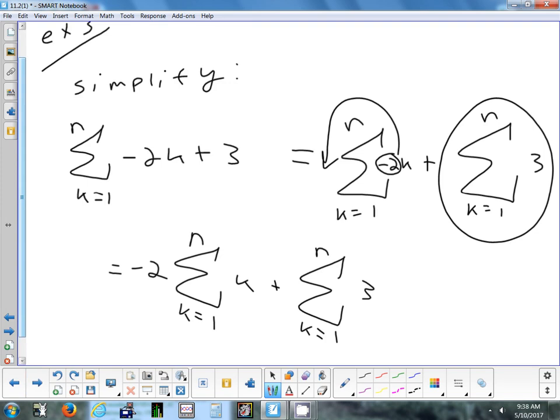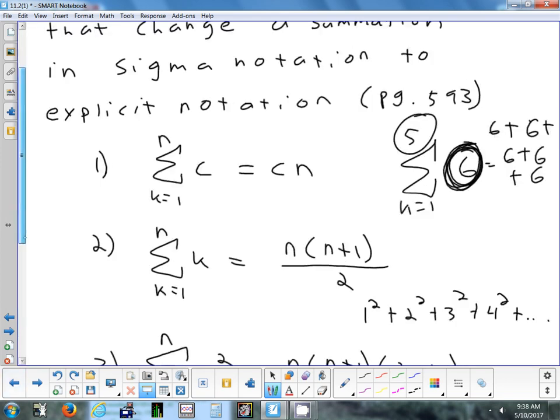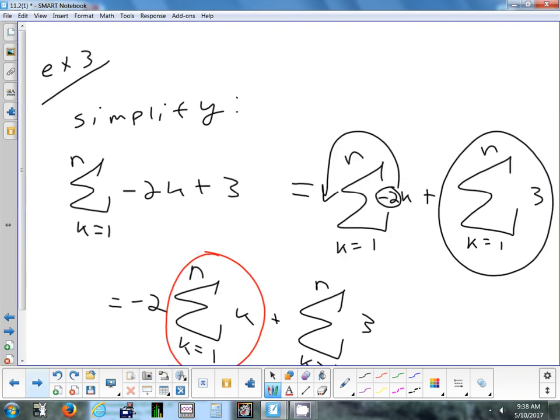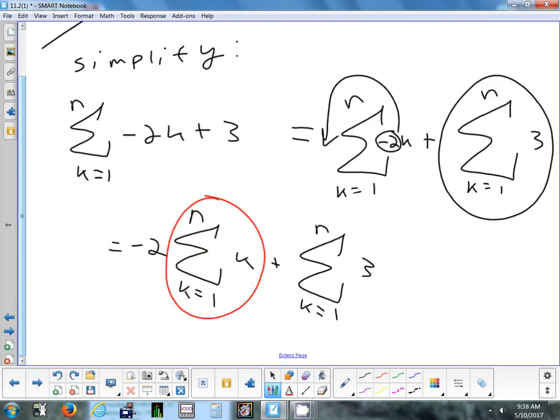You should recognize this. The sum from k equals 1 to n of k. Let's go back. The sum from k equals 1 to n of k. So we can replace what I just circled with a formula. We have the answer to it. What can I replace this with?